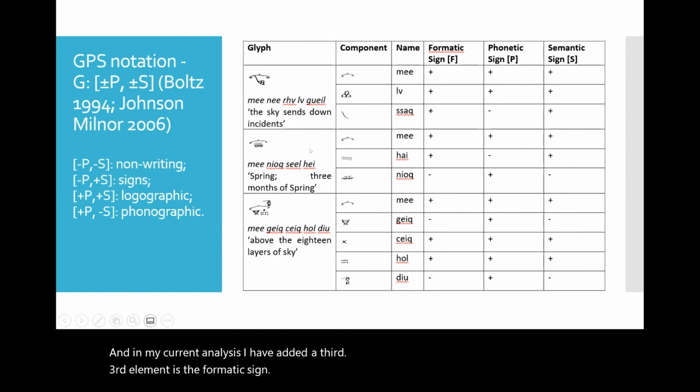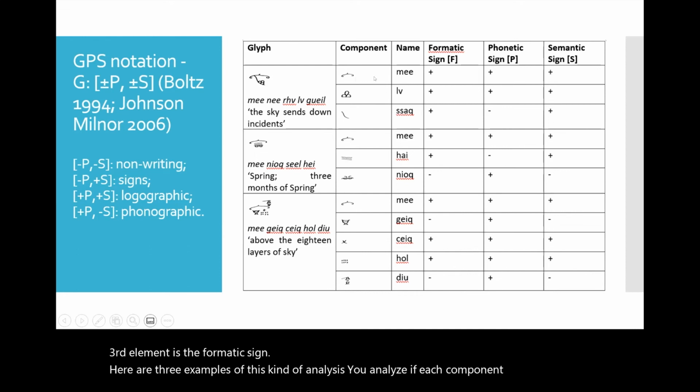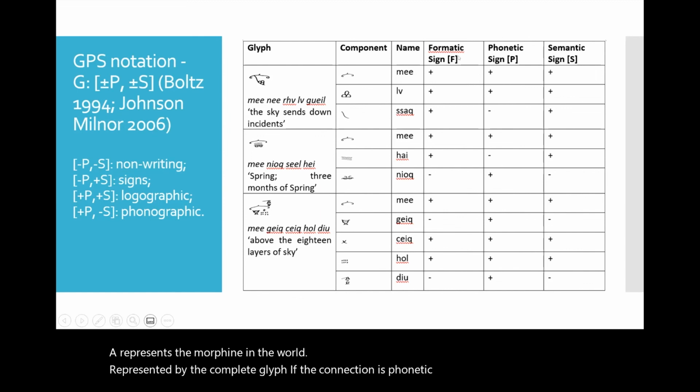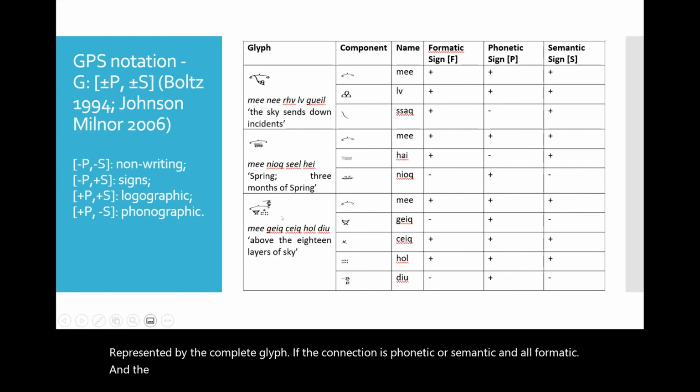Here are 3 examples of this. We analyze whether each component represents the morpheme in the word represented by the complete glyph, or is semantic, or phonetic. The most complicated case I have encountered so far is a glyph with 5 different components.